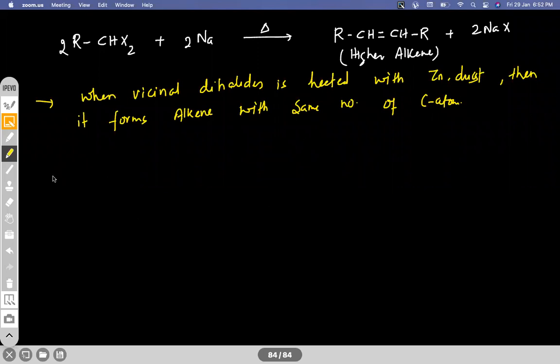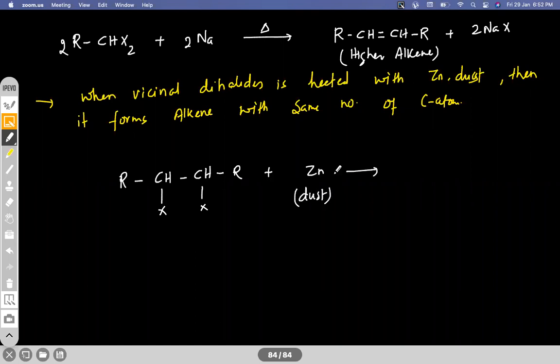Okay, for example, you see we have RCHX CHRX, zinc dust we are using. Fine powder of zinc we are using to increase the surface area so that we can have better interaction. We are heating it around 300 degrees Celsius. It forms ZnCl2 and we get RCH double bond CHR. This is the product we get.